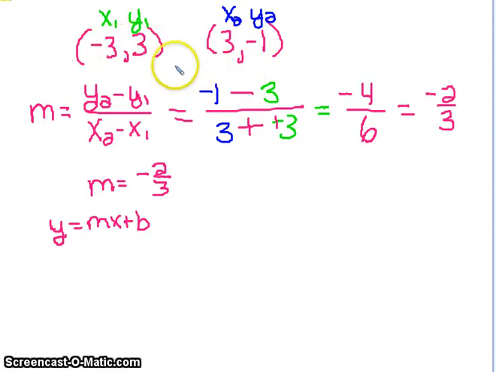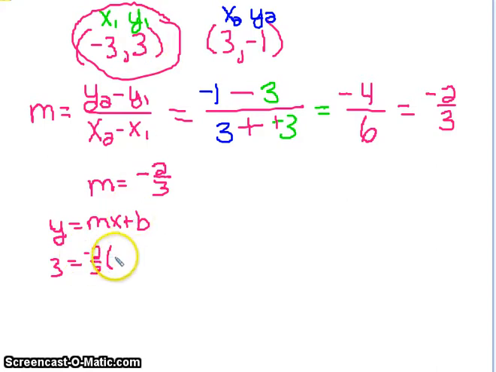I'm going to go with, they both have a negative, so I'll choose this one. 3 equals my slope of -2/3 times my x of -3 plus b. And just so you know where those come from, this is my, oops, I messed up again. That's -3. So I plug in my 3 from up here, that's where it came from, and my -3 here, that's where it comes from.